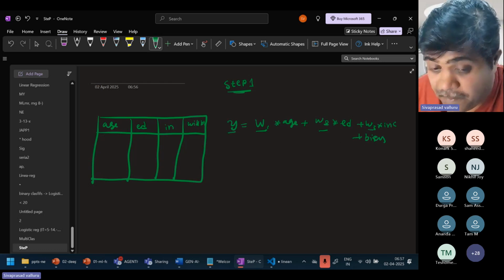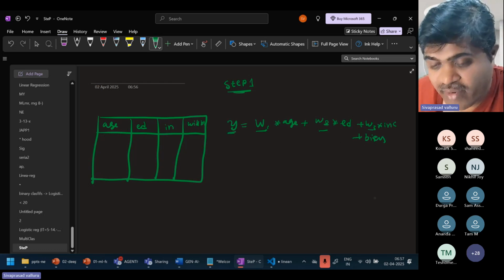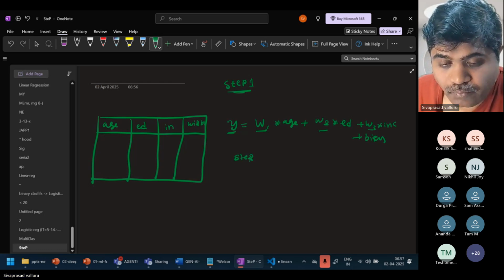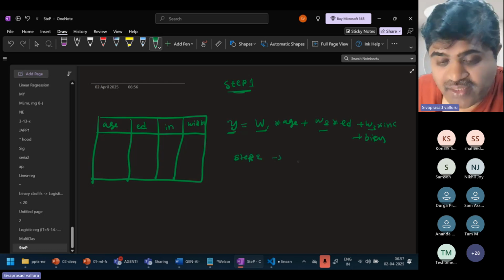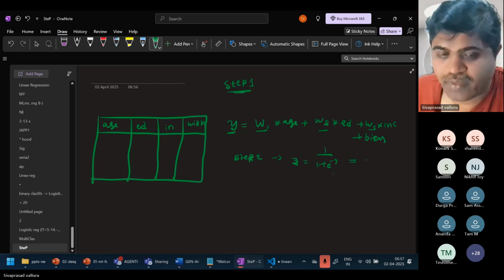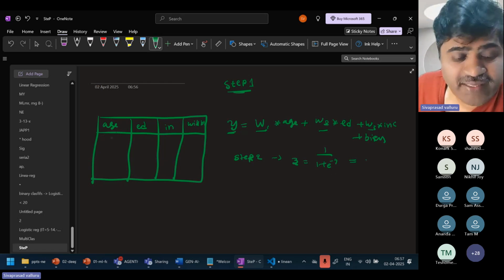Then in the second step, once I have the value of y, I will use a function z equals 1 by 1 plus e power minus y. Then I'll get the value of z. Right. So now let us have some data.